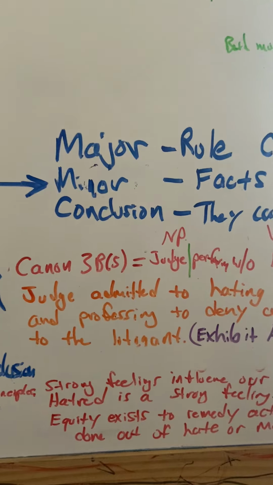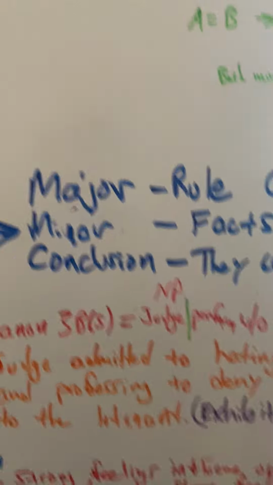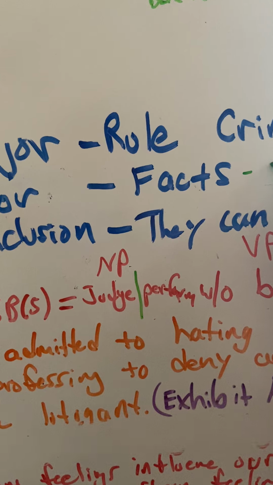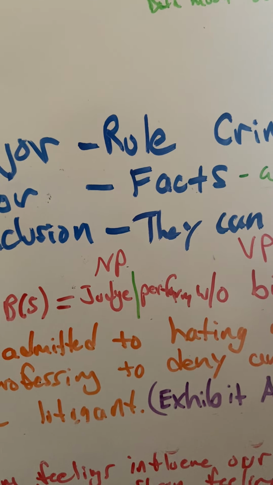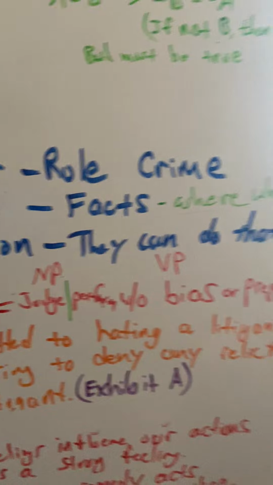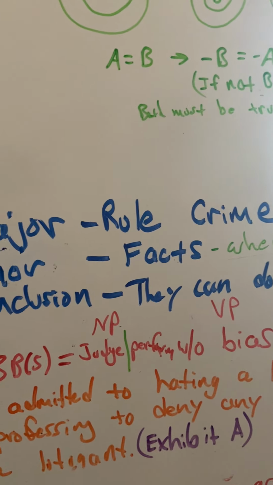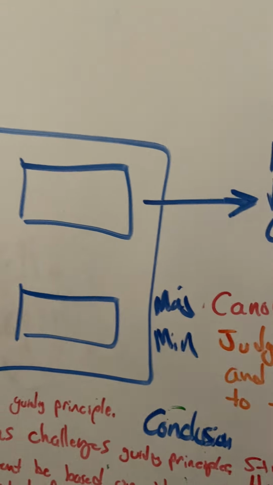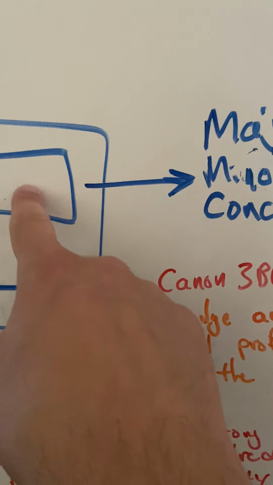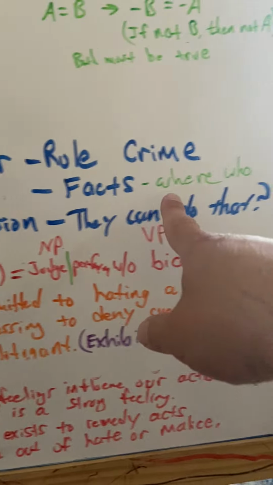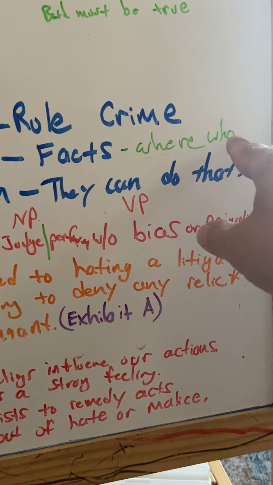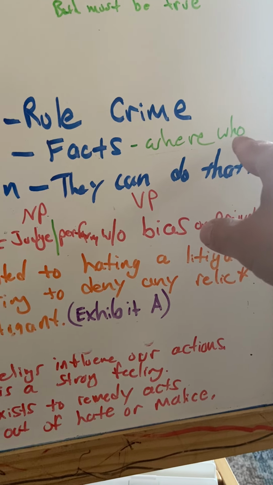The minor is just facts, facts and citations with reference: where or who for the facts. Your next sentence, or couple of sentences, is going to be your minor. It's going to be facts, and you're going to say where the facts are, and who knows they're a fact, who knows their truthfulness.